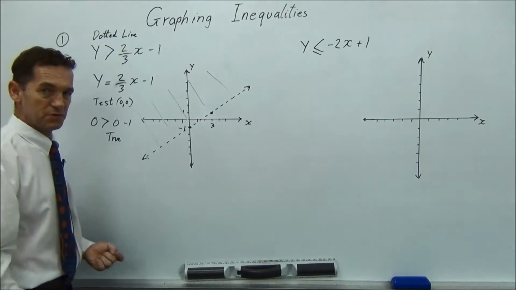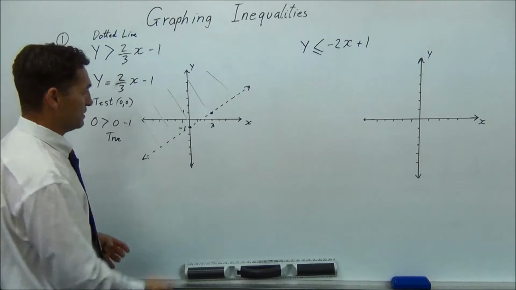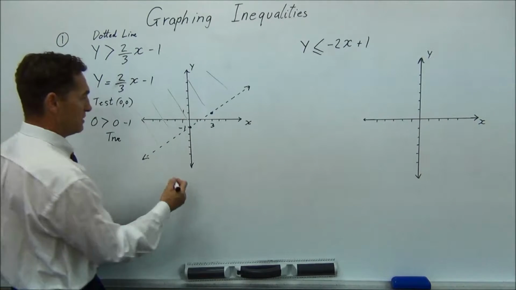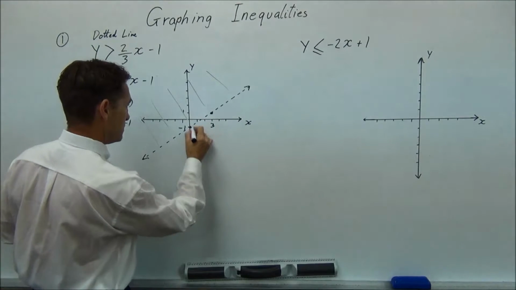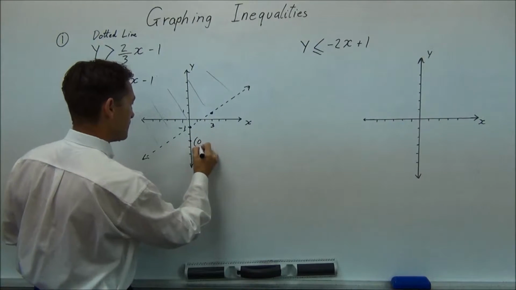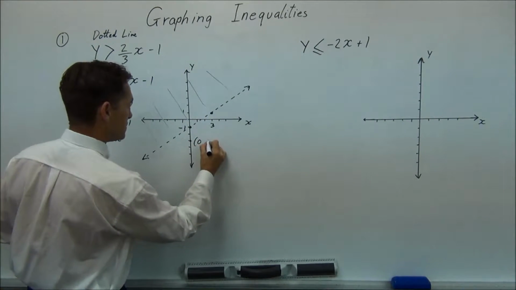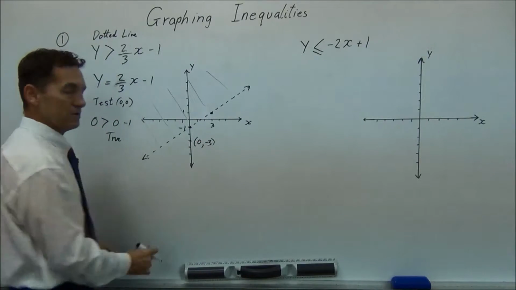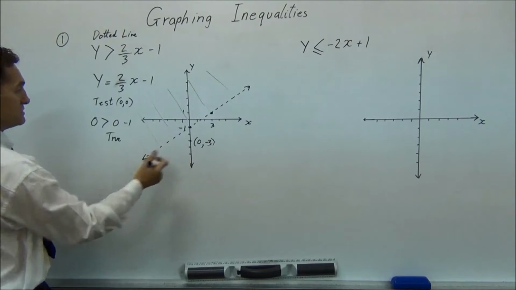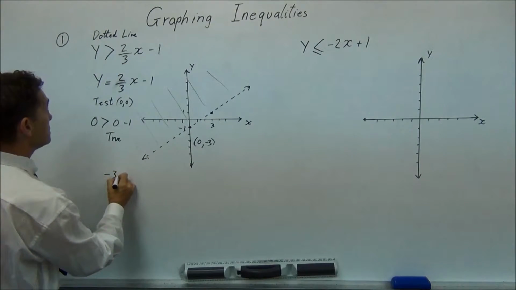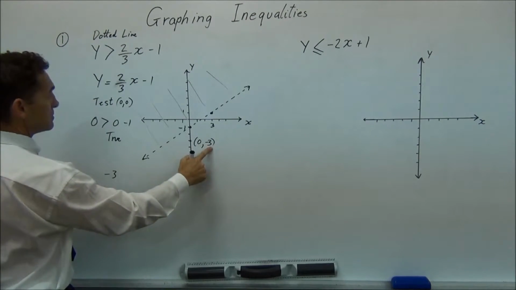Now let's just suppose you tested a different point, and we'll test one on this side just for the sake of it. So let's say you tested that point there, which is x is 0 and y is minus 3. So let's suppose you picked that point and you said, I want to test that point. So all you do is you put that into the equation and you say, okay, minus 3, because that's your y value.